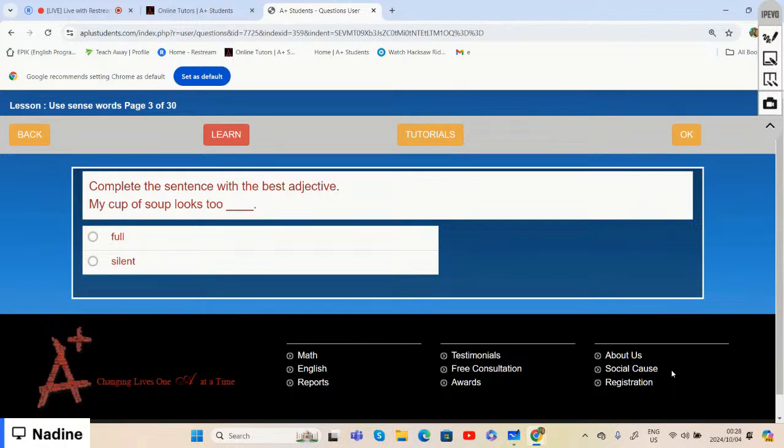Option one, the soup looks too full, or option two, the soup is too silent. Which one is correct?